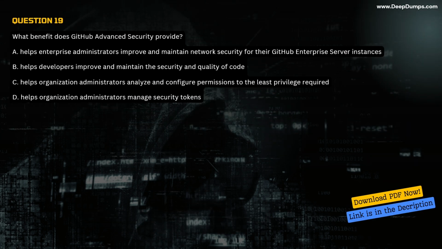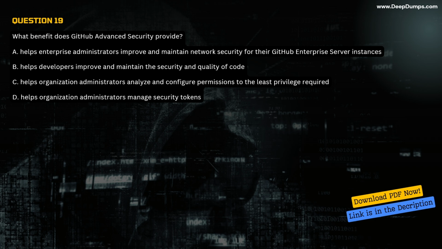Question 19. What benefit does GitHub Advanced Security provide? A. Helps enterprise administrators improve and maintain network security for their GitHub Enterprise server instances. B. Helps developers improve and maintain the security and quality of code. C. Helps organization administrators analyze and configure permissions to the least privilege required.